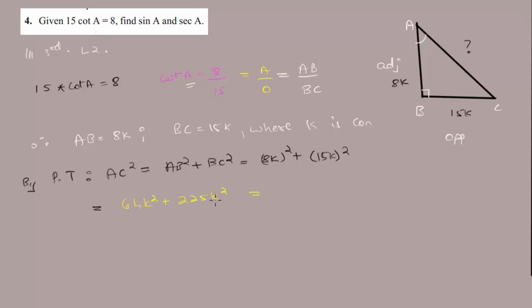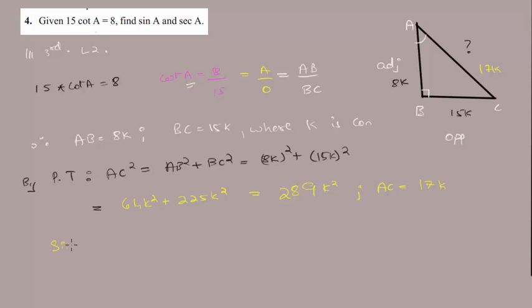When you add it, 289k square. Therefore, AC is equal to root of 289, that is 17. Root of k square is k. So hypotenuse is 17k.